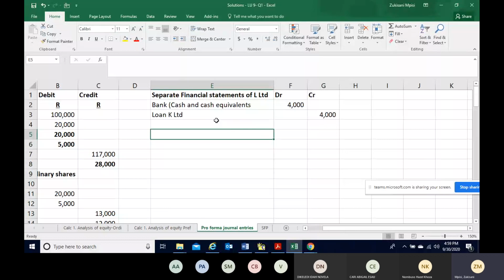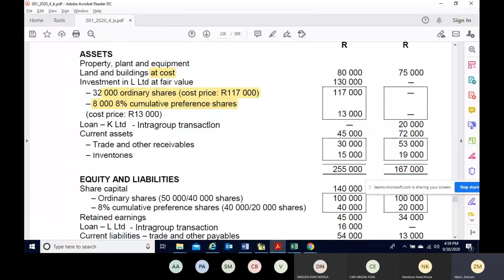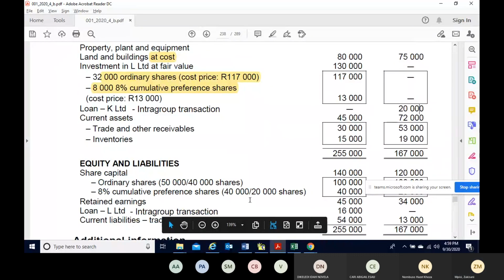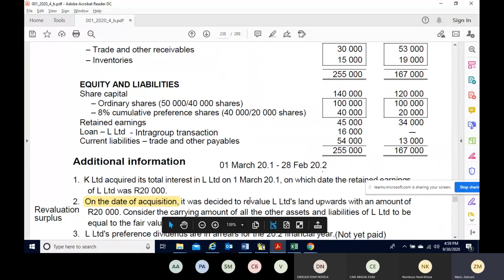So let us quickly see how the loans get affected. In terms of the loans, you had an asset under L Ltd of 20,000, the loan to K Ltd, and on the liabilities the loan was sitting at 16,000.